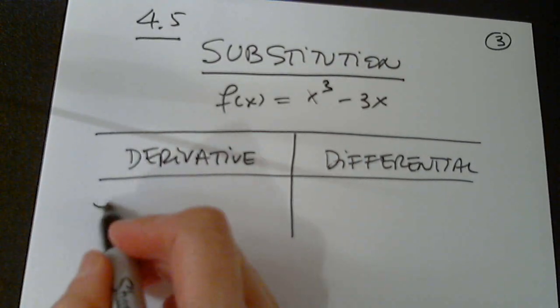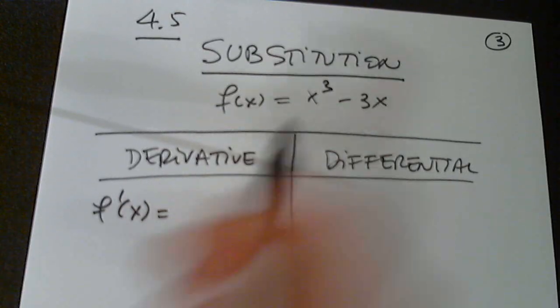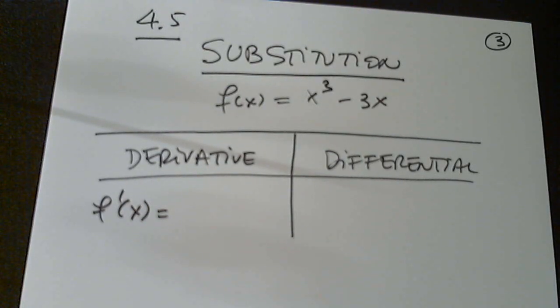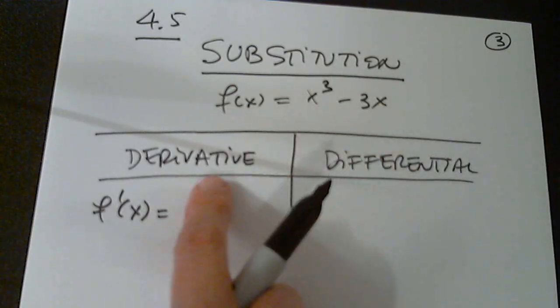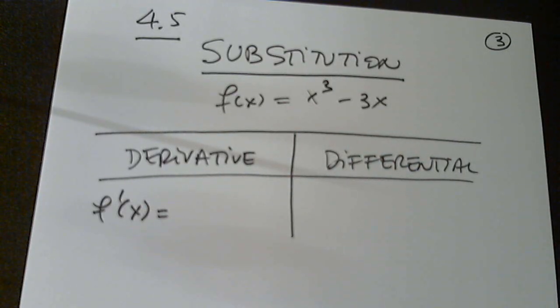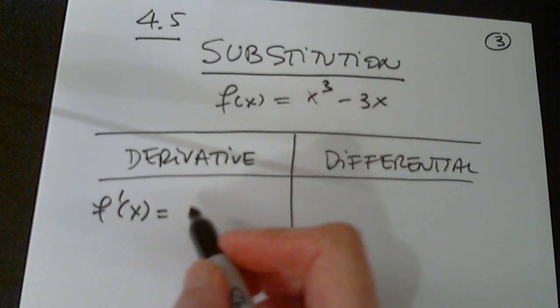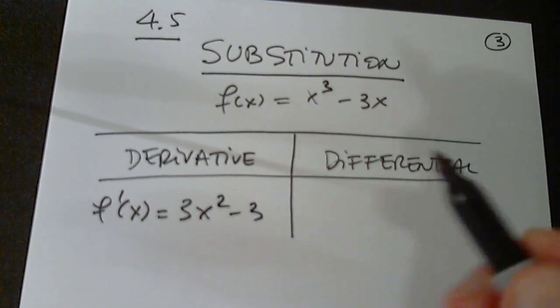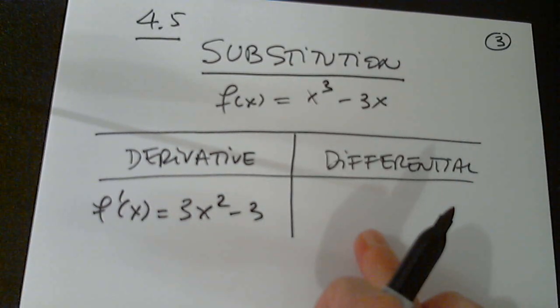Perfect. Excellent. So can anyone determine the derivative of this function? Can anyone give us the derivative of this function? 3x squared minus 3. Excellent. Can anyone give us the differential of this function?